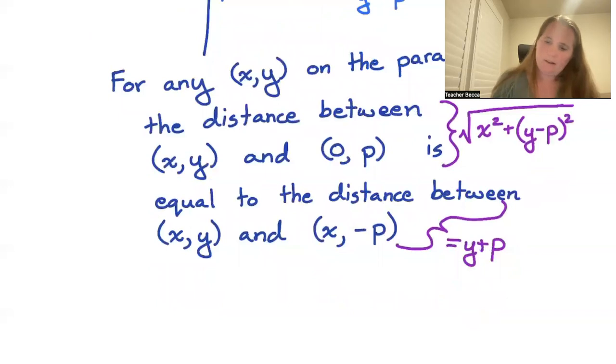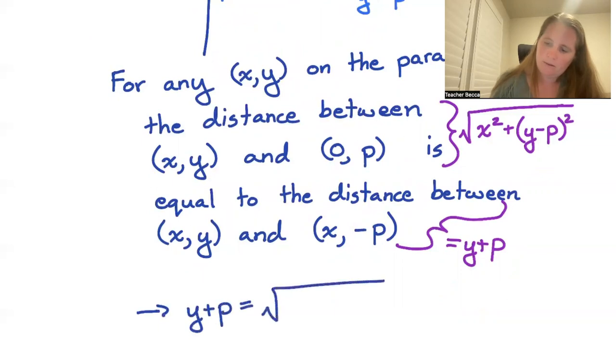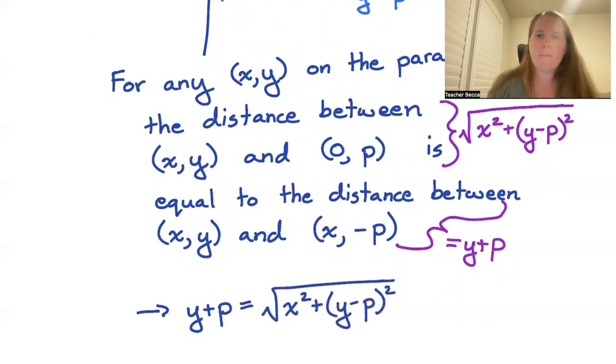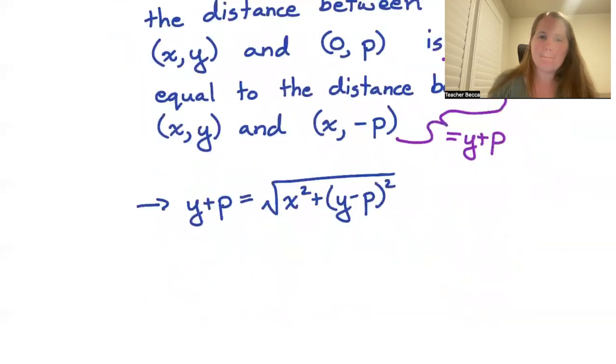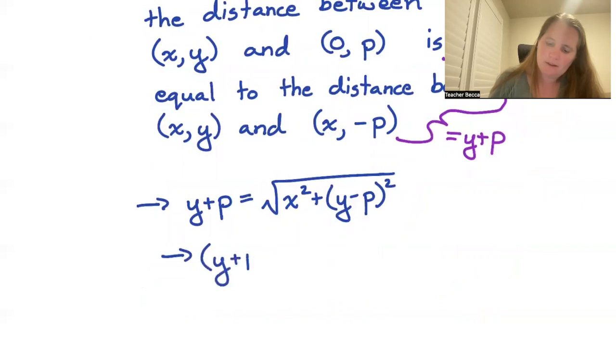So what we get then is that y plus P is equal to the square root of x squared plus y minus P squared, or y plus P squared is equal to x squared plus y minus P squared.